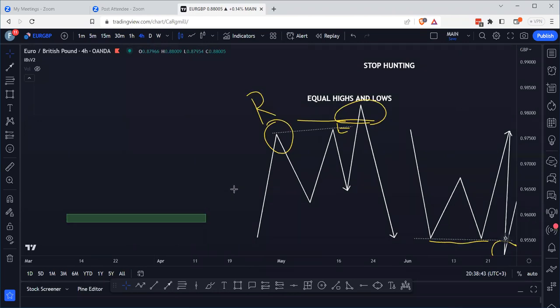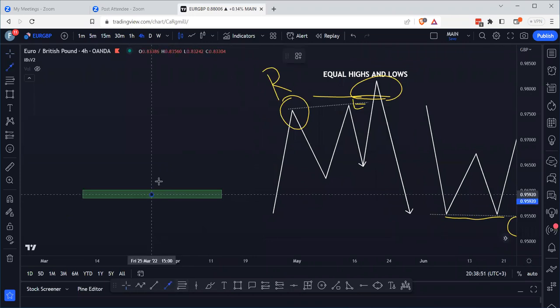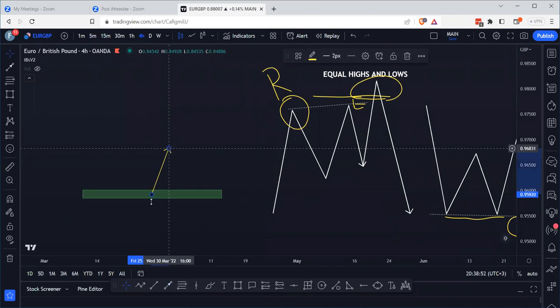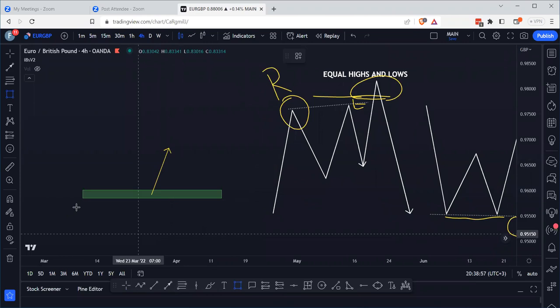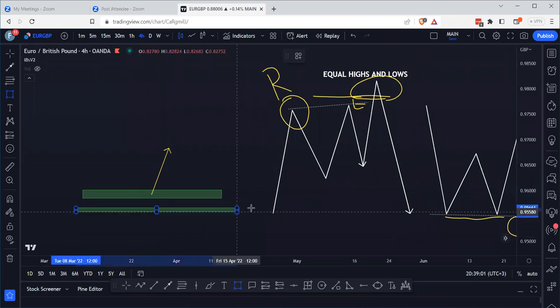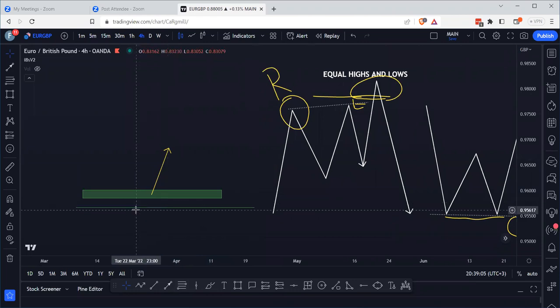You're not the only trader that knows there's a support zone here. So a lot of people are looking to take entry from this support, and they're putting their stop losses beneath this zone. You and a million other forex traders are taking entry at the same zone. You are putting your stop loss at the same area. These stop losses that you're putting here, this is liquidity.